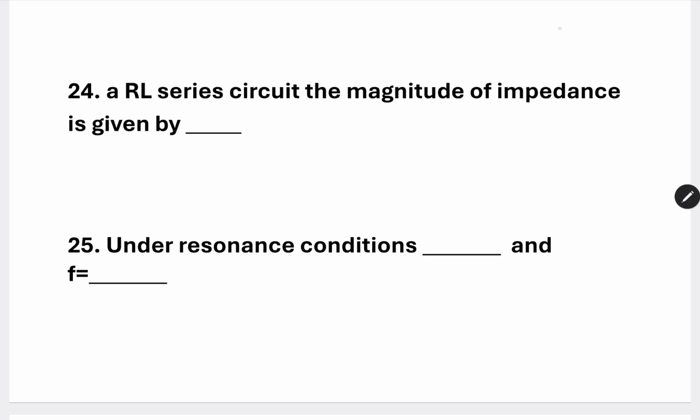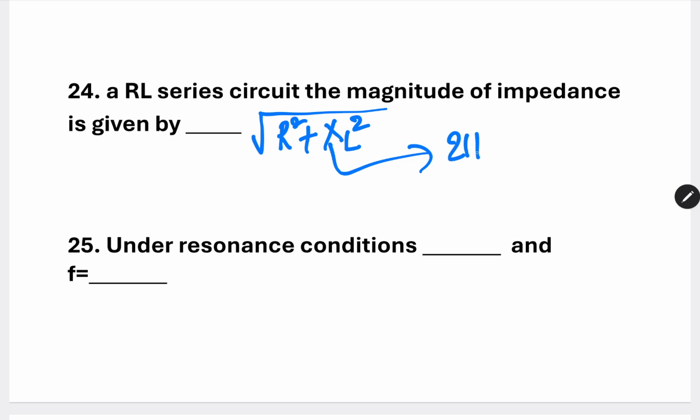Next, question number 24. In an RL series circuit, the magnitude of the impedance is root of R square plus XL square. XL is the inductive reactance, XL is equal to 2 pi FL.